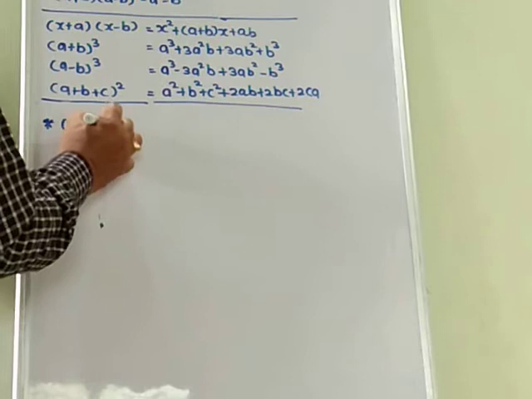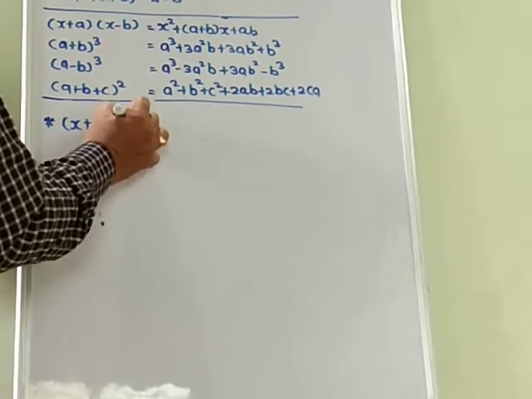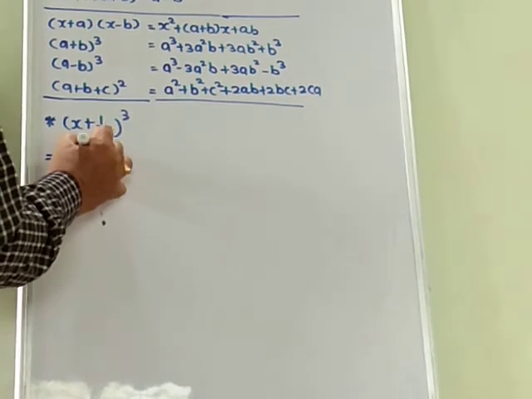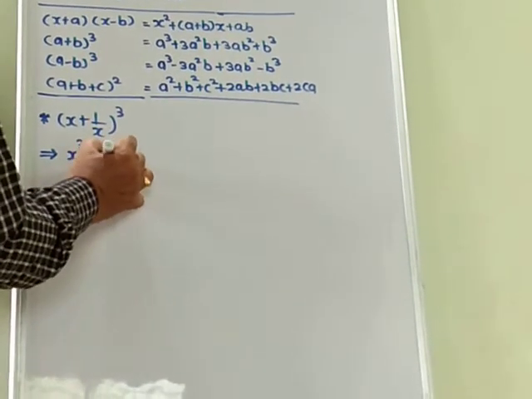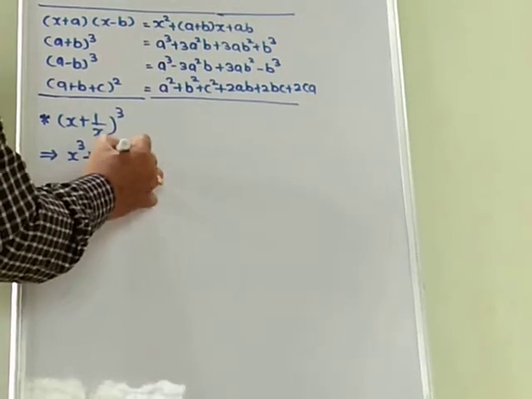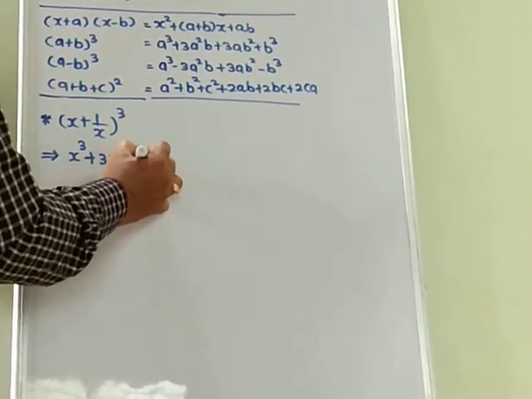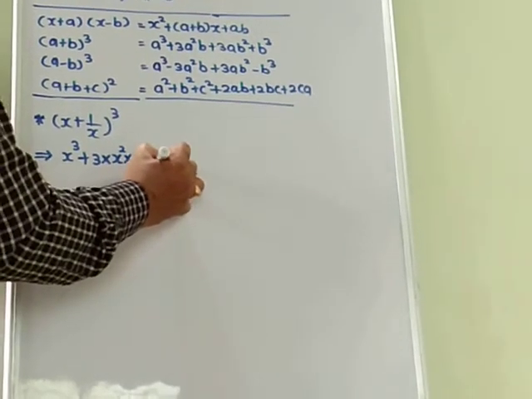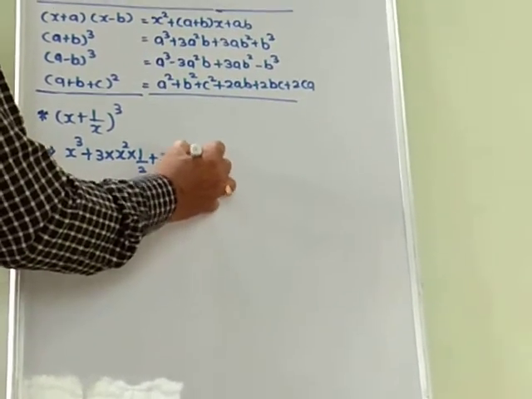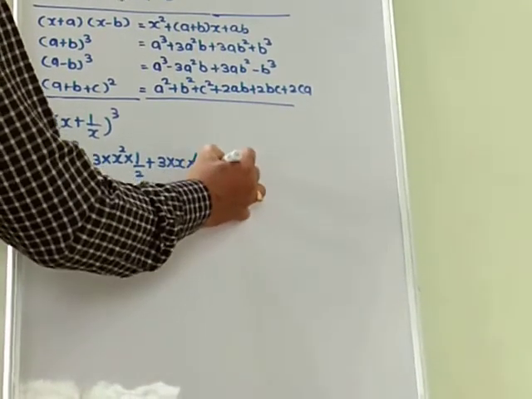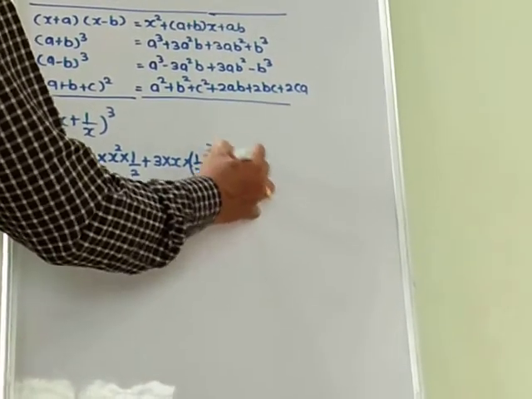x plus 1 upon x bracket cube. How to solve? First term cube plus 3 into first term square into second term plus 3 into first term into second term square plus second term cube.